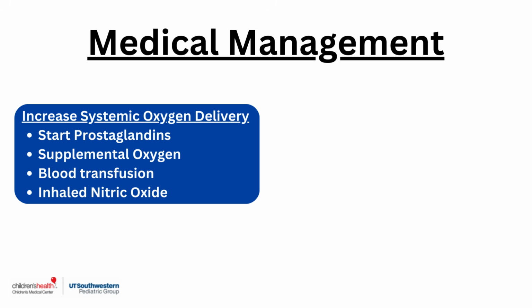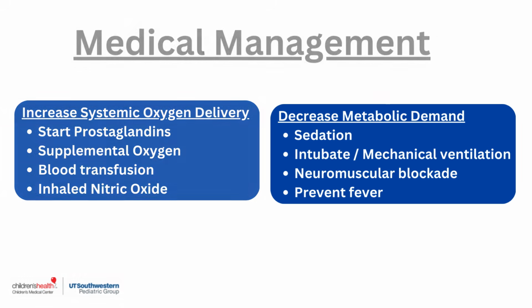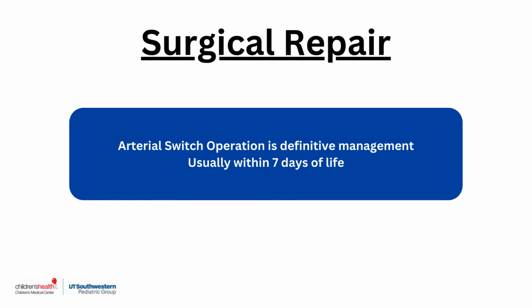If increasing systemic oxygen delivery is not adequate, then strategies to decrease metabolic demand are important. This includes sedation, mechanical ventilation, neuromuscular blockade, and preventing fever. Ultimately, the definitive management for these patients is surgical repair. In general, the surgeons perform an arterial switch operation within the first 7 days of life.